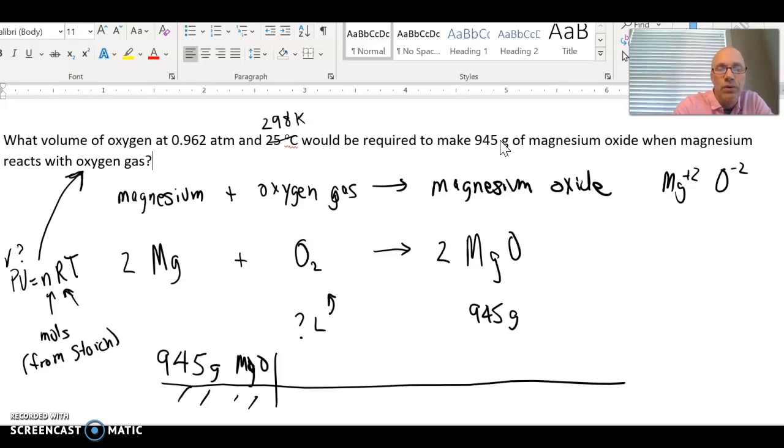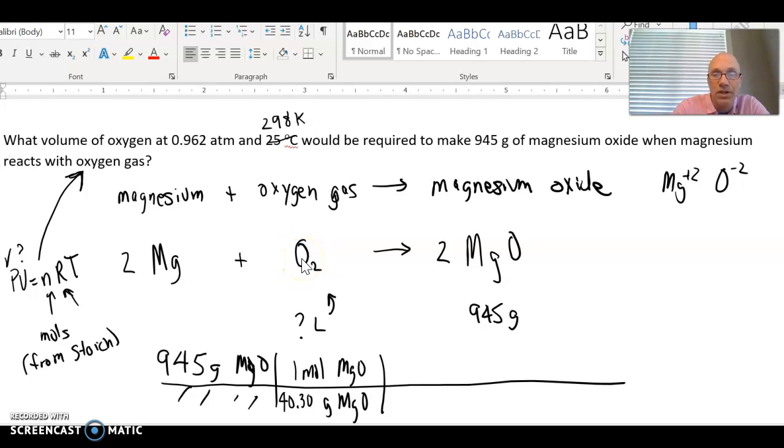The first thing we would do is say that 1 mole of magnesium oxide corresponds to a certain number of grams of magnesium oxide. So 1 mole of magnesium oxide is 40.30 grams of magnesium oxide. Then we can figure out by the mole-to-mole ratio how many moles of oxygen would be required.